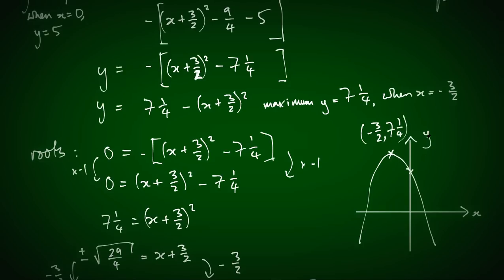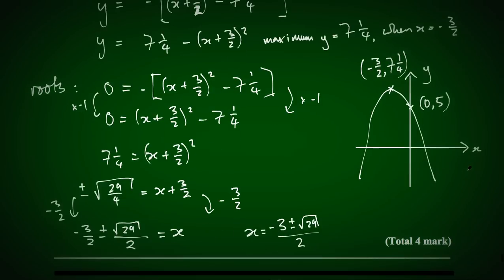This crossing point is happening at 0, 5. That's the y-intercept. And these two roots of the equation, this one's got to be x coordinate of minus 3 minus root 29 over 2.